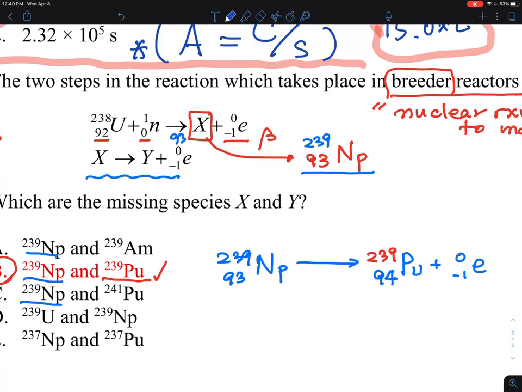So the Y species must have an atomic number of 94. If you look at the periodic table, atomic number 94 is plutonium. And then you also do the mass balance, and 239 is the plutonium isotope mass. And this is essentially what is being used in the atomic bomb, the plutonium bomb.